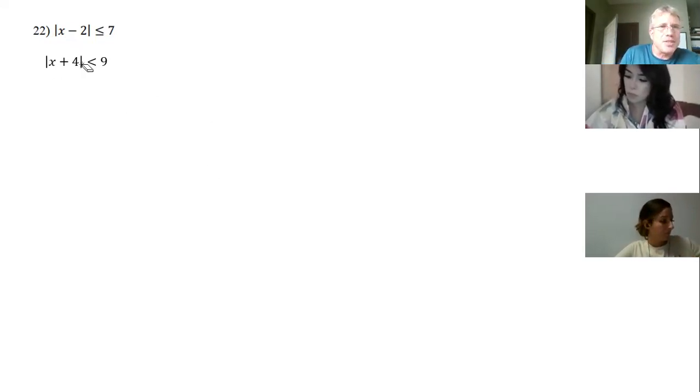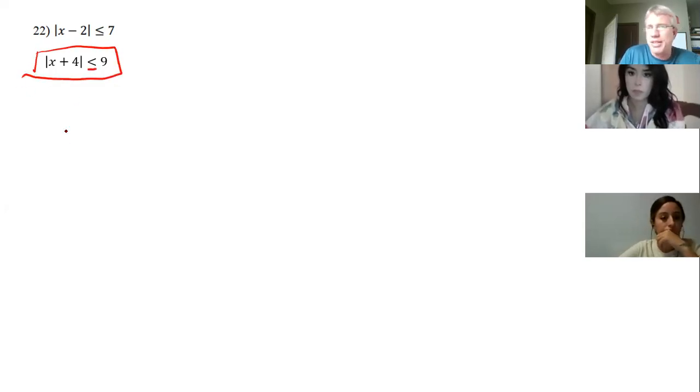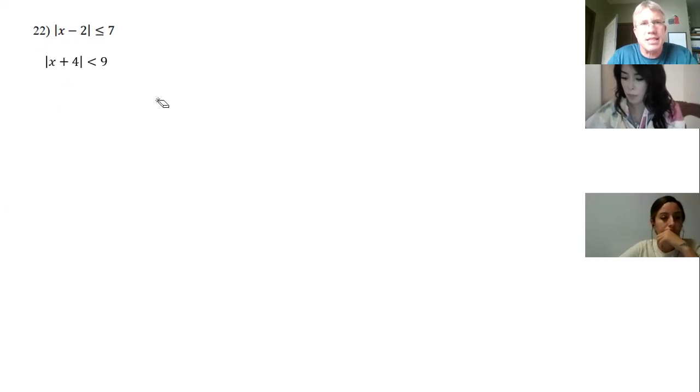I have one right here that I made for which the structure is essentially the same, other than I don't have the equal to, but the idea is the same. It's a less than symbol. The absolute value is less than. But really, to understand these clearly, you have to be able to deal with all three possibilities at the same time.